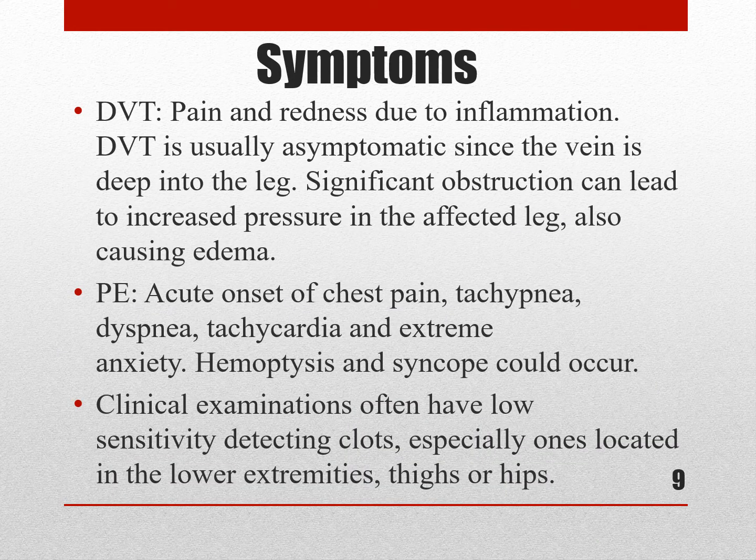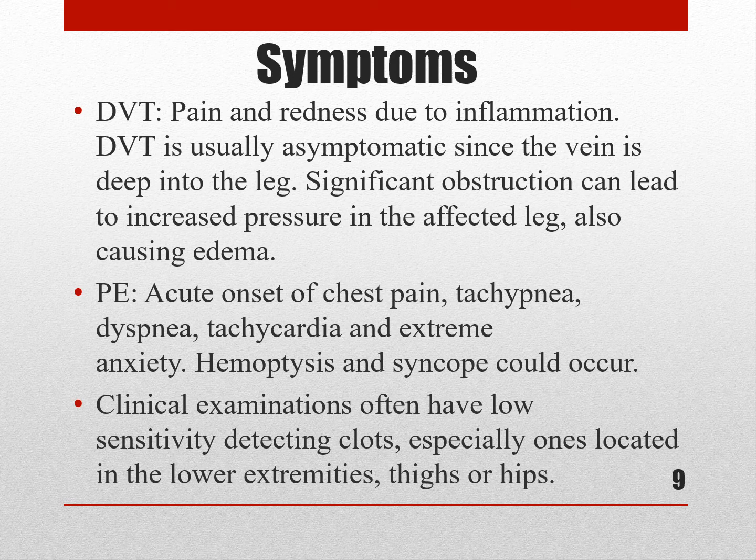So symptoms of DVT will sometimes include pain, redness in that lower limb, and this is due to inflammation. But really, the patient will usually present as asymptomatic, and this is due to how deep those lower extremity veins are. However, a significant blood clot can cause edema.